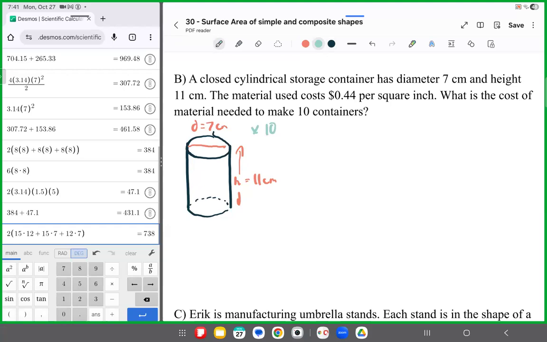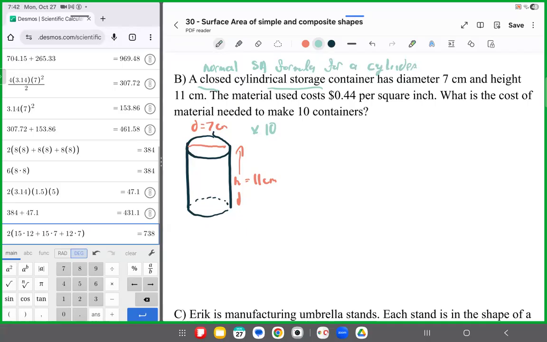So this says that it's going to be a closed cylindrical container. So this will be the normal surface area formula for a cylinder. So we can do that, no problem.